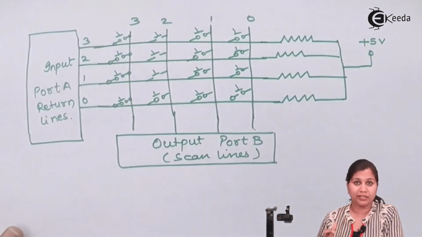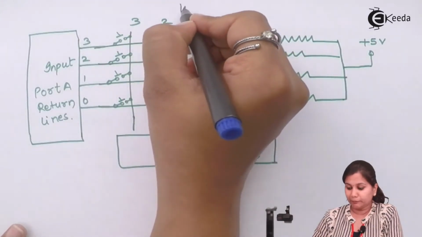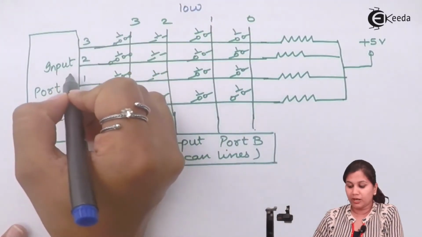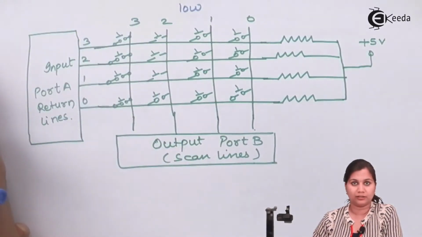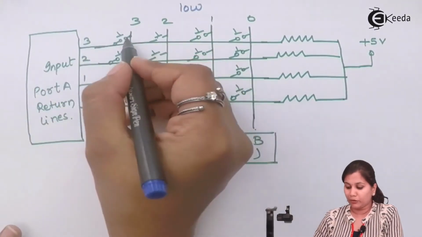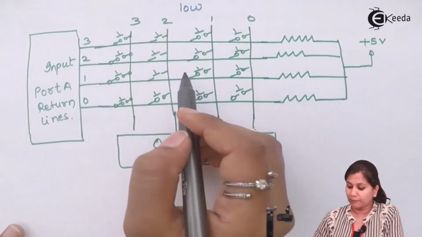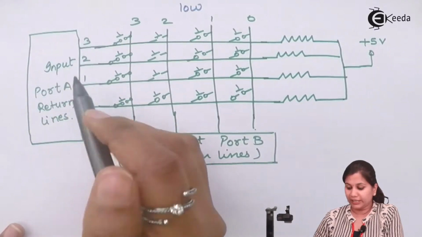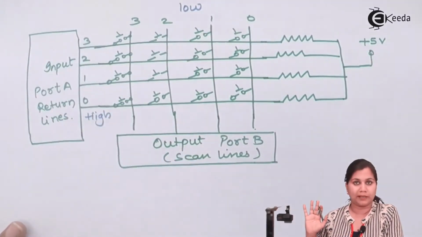Because if a key is pressed, then since in the columns we are giving the input low, in the rows also we will get the low output, because these lines will be shorted when the key is pressed. Now suppose all the lines we are getting as high, it means that no key is pressed.